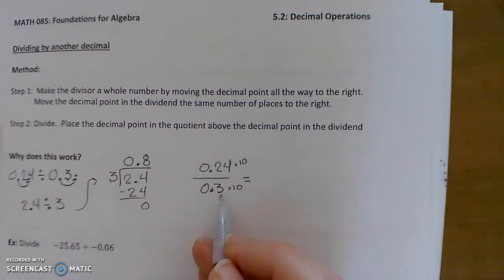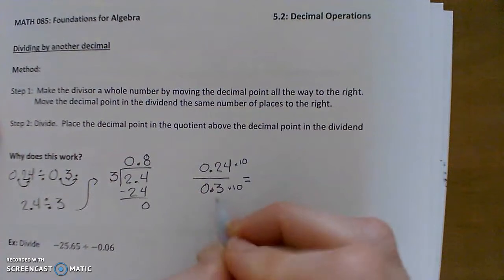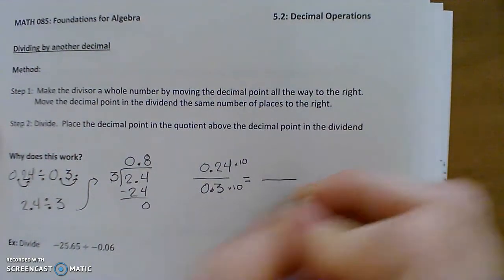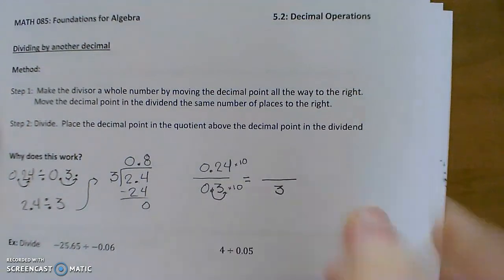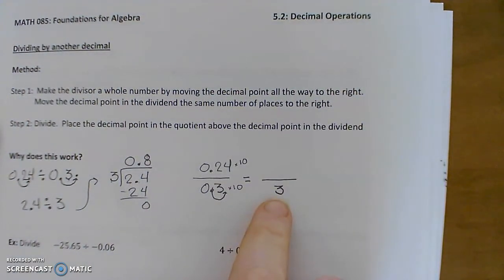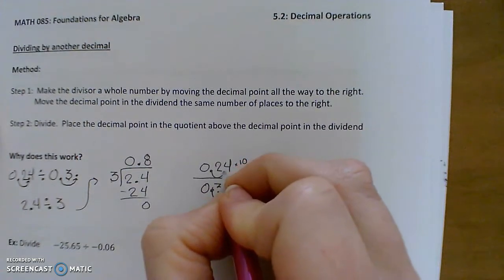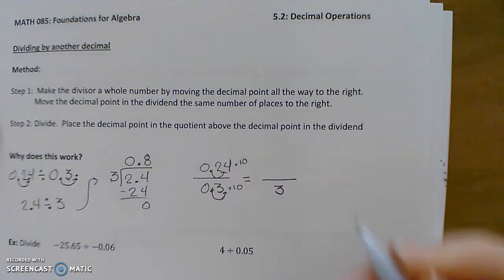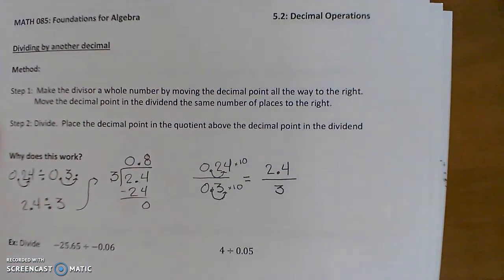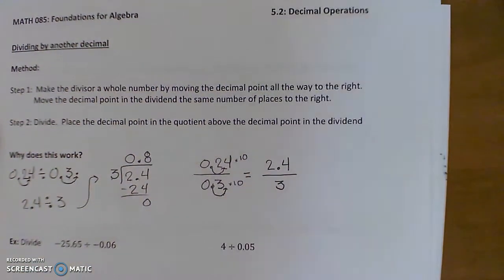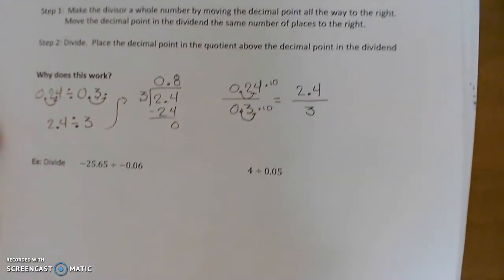So if I multiply both by 10, or any power that makes this denominator a whole number, then that in effect moves the decimal point to the right, however many places it takes to make that a whole number. And then multiplying the numerator by that same quantity moves the decimal point to the right the same amount that you did in the denominator. So then you, in effect, get 2.4 divided by 3. All right, so now that we know that works, let's do an example or two.